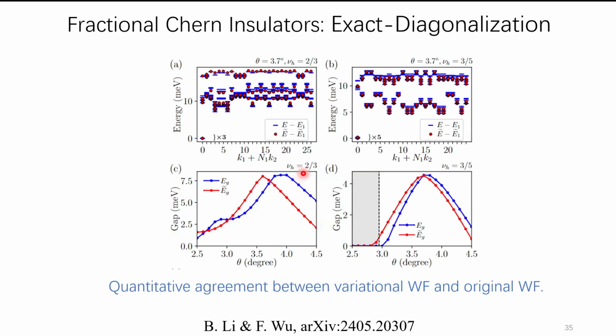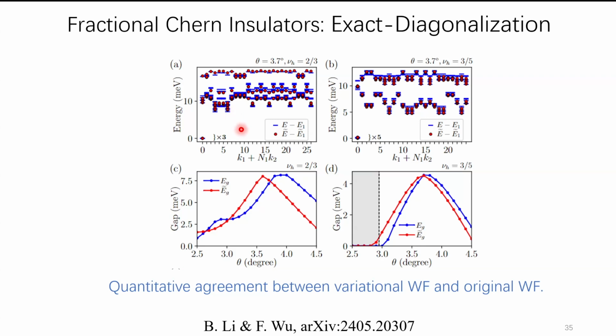We did exact diagonalization to check whether this variational wave function can indeed give us the fractional Chern insulators, and the answer is yes. In these exact diagonalization results, different colors are from different wave functions, and the results overlap quite well.